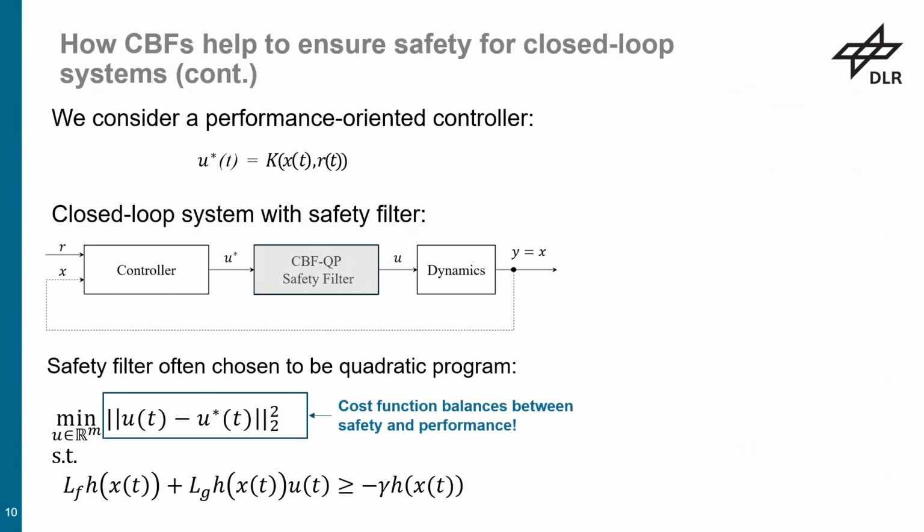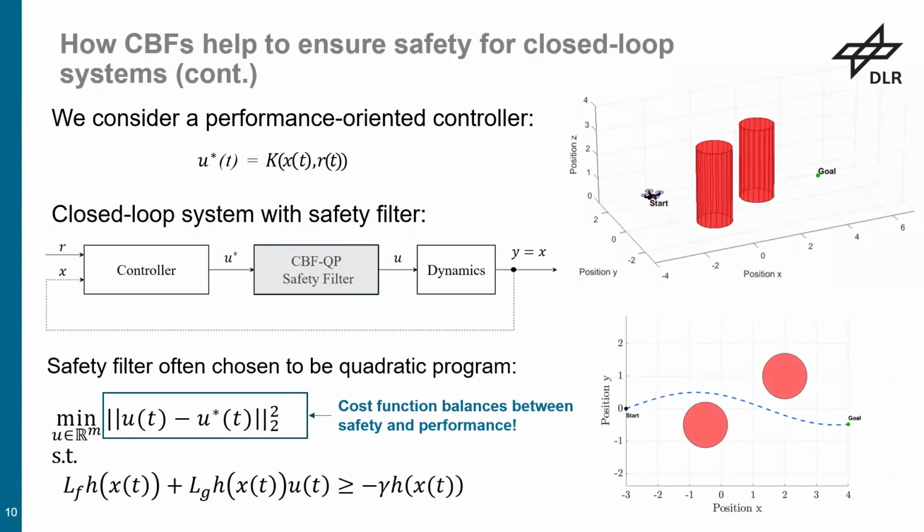And if you do it like this, you can obtain this behavior where the system is able to get to the goal by, let's say, minimally invasively trying to avoid those pillars, right? This is a very simple example, but for those who have ever worked with CBFs, and for those who will, you can come up with something like this in a very fast way, right?